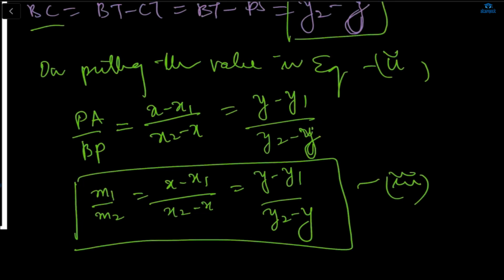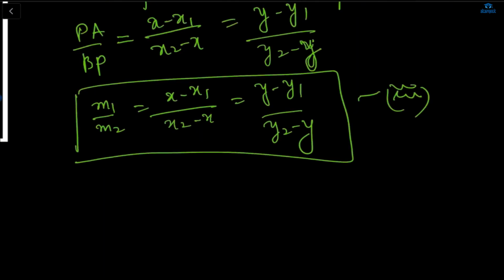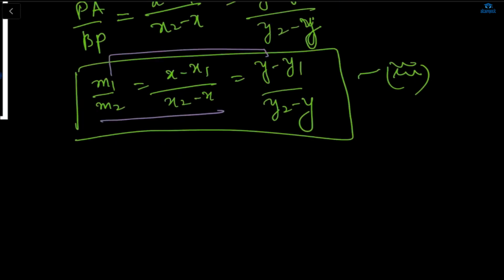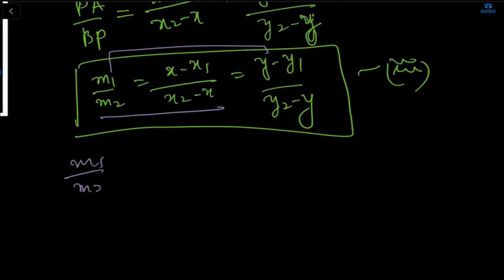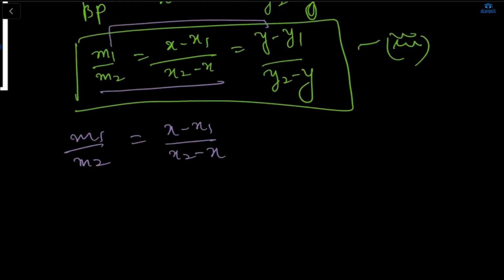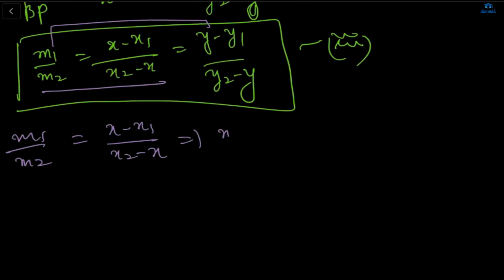Now we can compare this. This is the way we find out the value. So M1 by M2 is equal to X minus X1 upon X2 minus X. We are going to cross multiply and we'll get M1 times X2 minus X is equal to M2 times X minus X1.